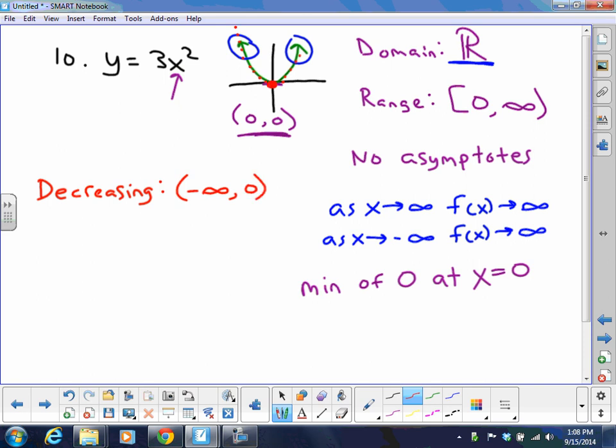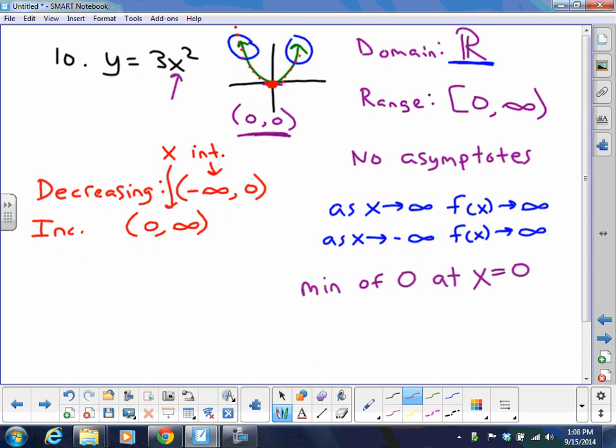That's when we get to the vertex. Then when you're at 0, it's not doing anything. It's like hit rock bottom. But then it starts to increase from 0 to infinity. Again, those are x values. It's an interval of x's. So that's the interval that it's doing that.